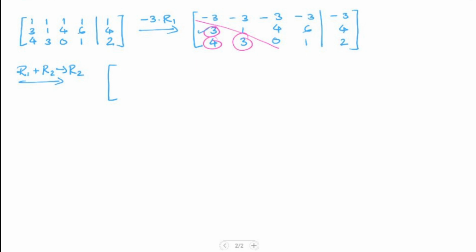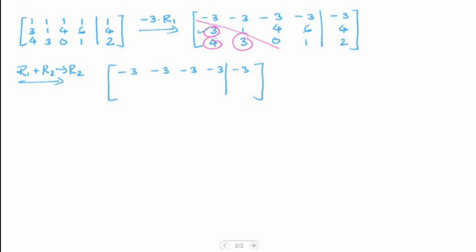So as row 2 is the only one that's changing, row 1 will remain as it is. So we have here minus 3, minus 3, minus 3, and minus 3 again. Here minus 3. So now for row 2, we're adding row 1 plus row 2 and putting the values to row 2. So row 1 here is minus 3 plus row 2, which is 3.